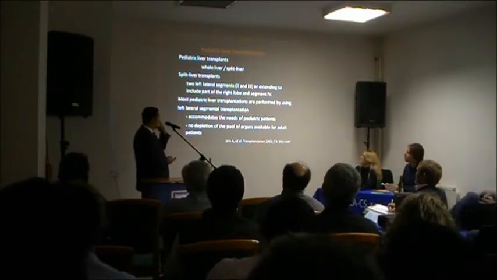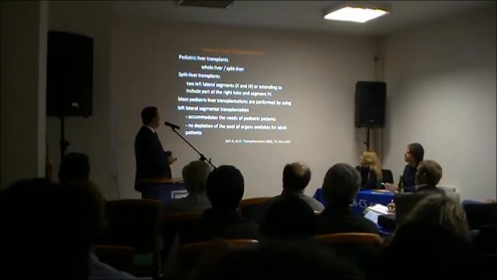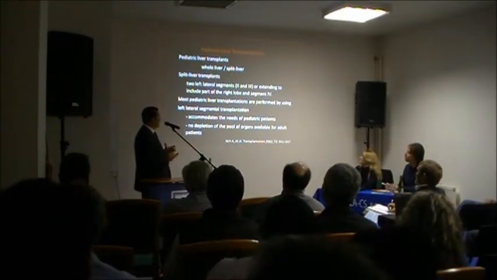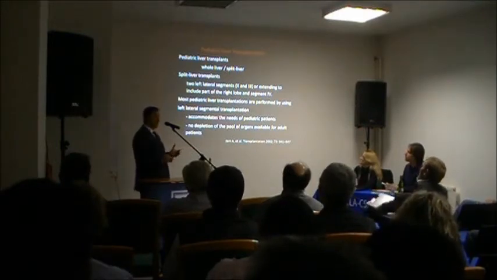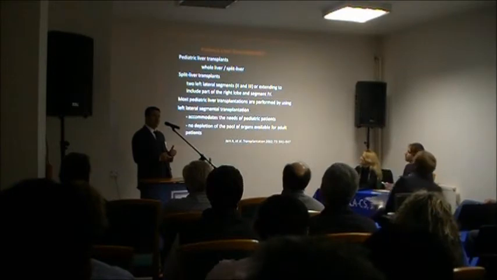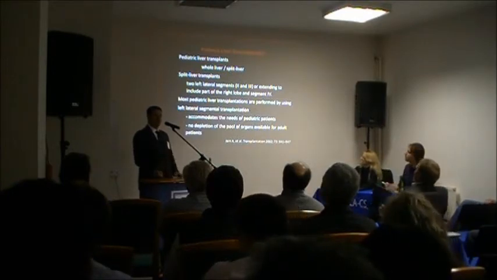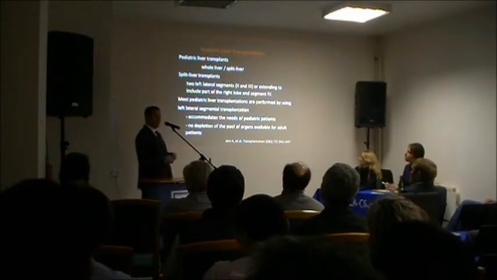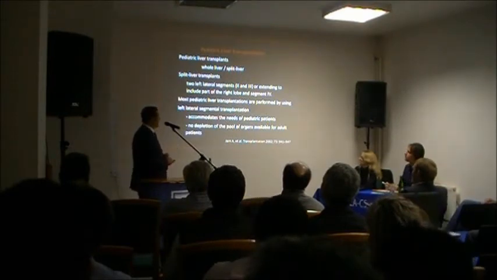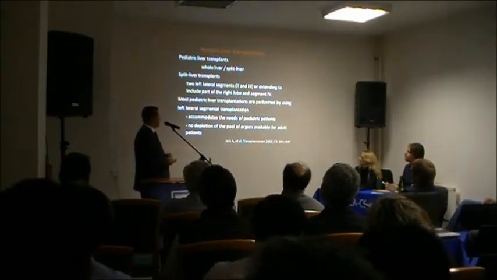The main advantage of these implants is that these small livers accommodate very well to the size and needs of these pediatric patients, and the use of these implants avoids the use of implants that are prepared for or available for adult patients.